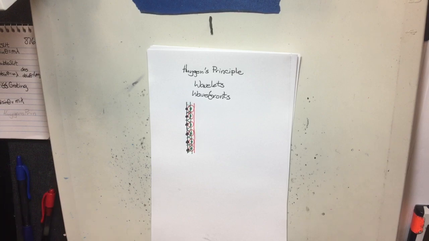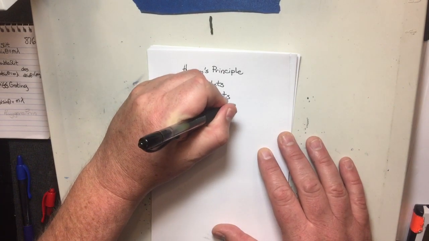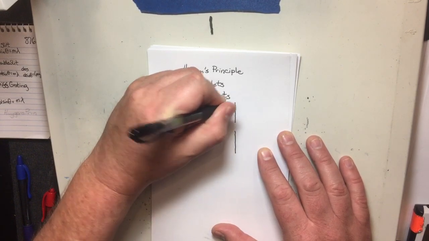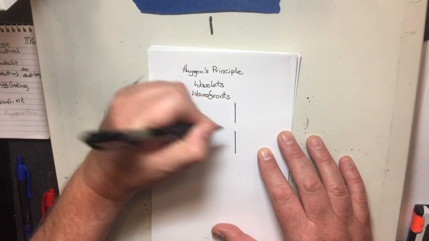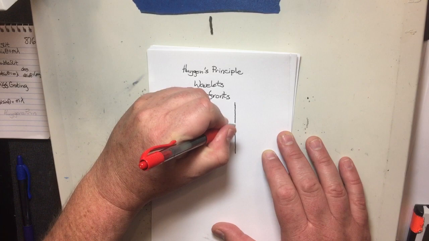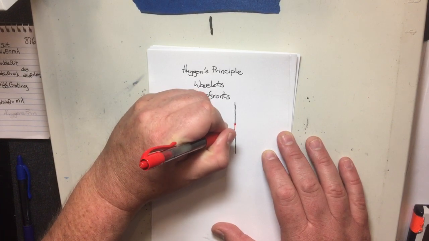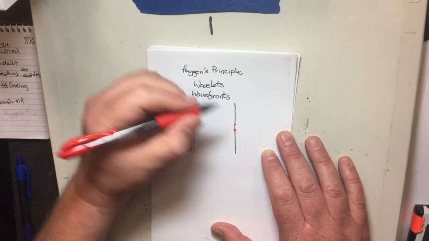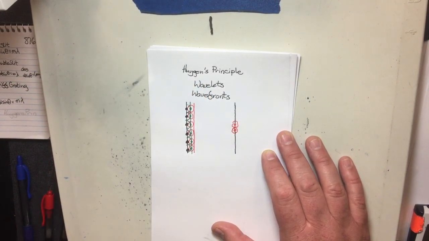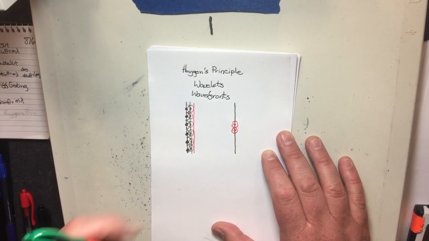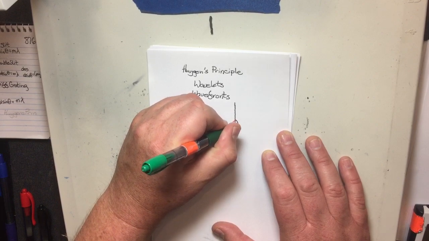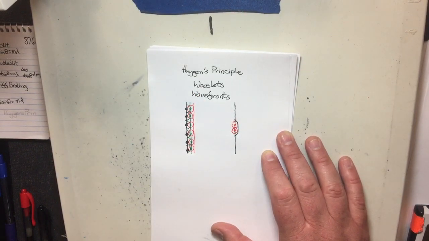Now, in a situation where you've got a wave passing through a slit, your wave front is right here, so you draw your dots and then you draw your circles, and what happens is the new wave front looks like a little bit of an arc.